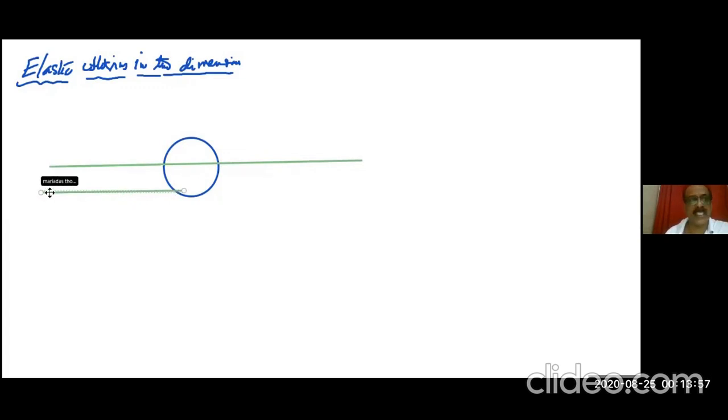So the target is along the x-axis, and the projectile is also along the x-axis. It moves through here, comes and hits at this corner. Then you know what happens, right? This will go this way, it will be thrown to this side. And this will come down here, this will go this way down.